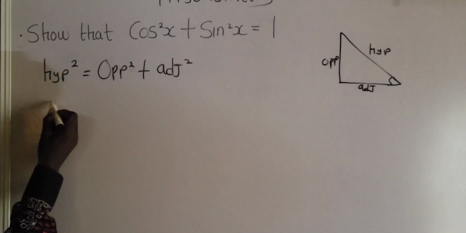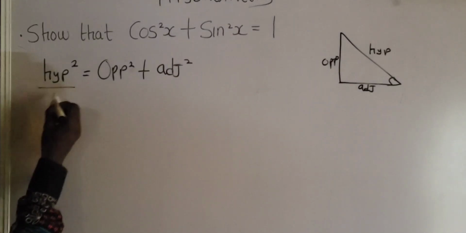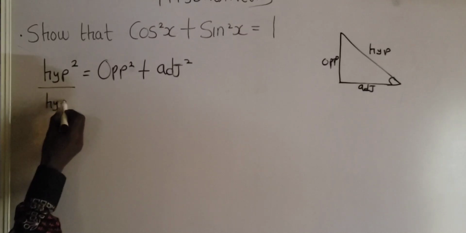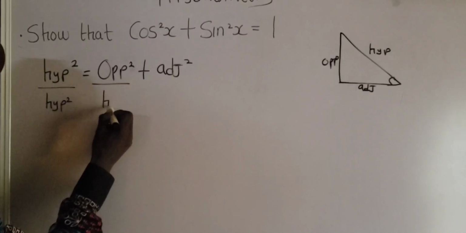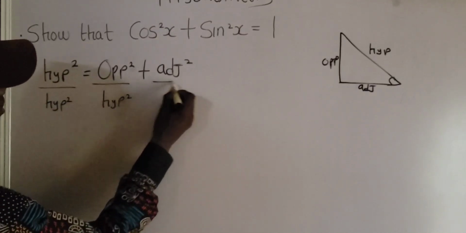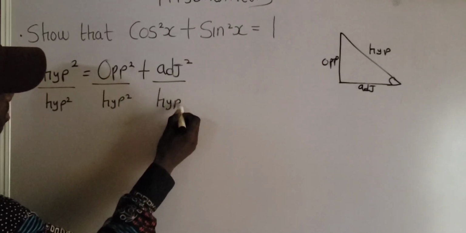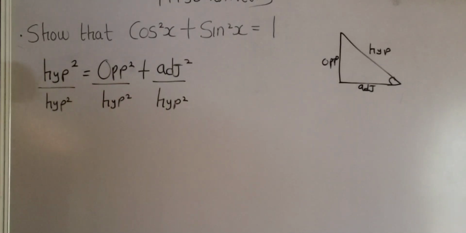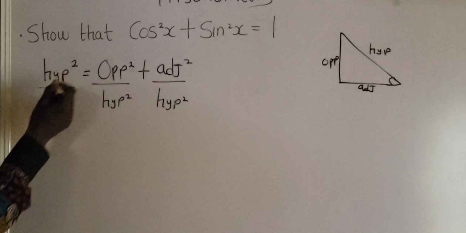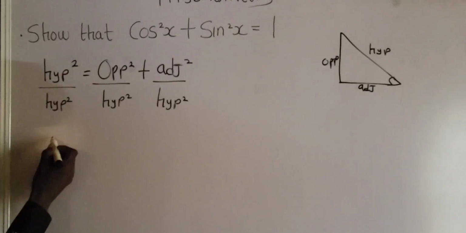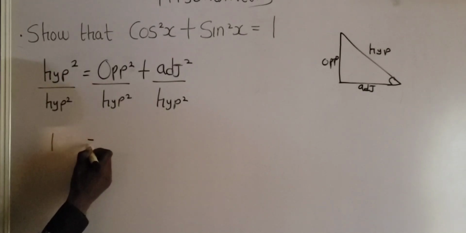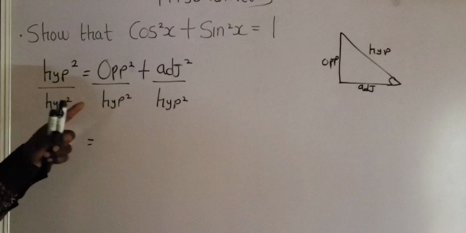So I'm going to have hypotenuse squared all over hypotenuse squared. Now hypotenuse squared over hypotenuse squared will give me 1. So 1 is equal to opposite squared over hypotenuse squared.